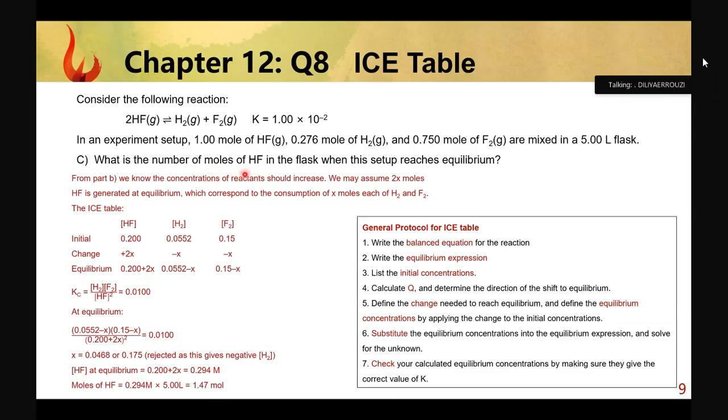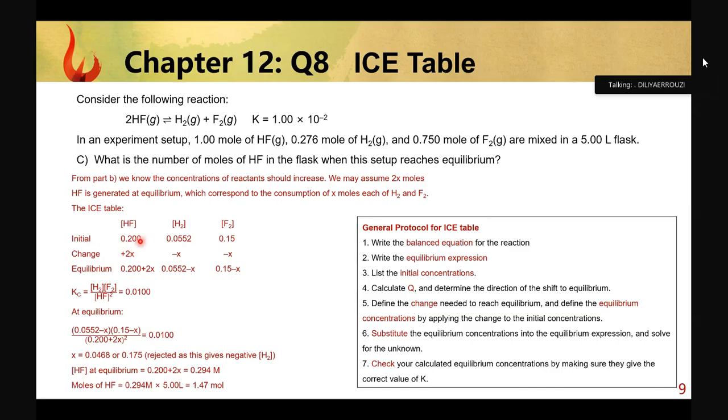First, we need to write the balanced equation, which is given here. Then write the equilibrium expression, which is the constant K. List the initial concentrations here, which are calculated from the first question.